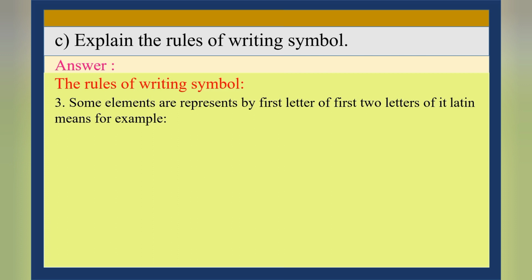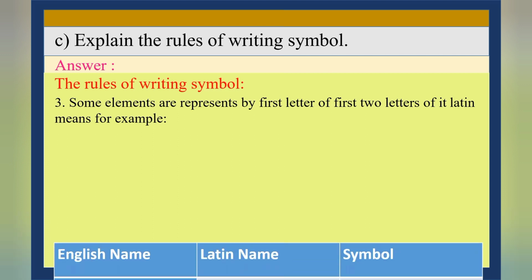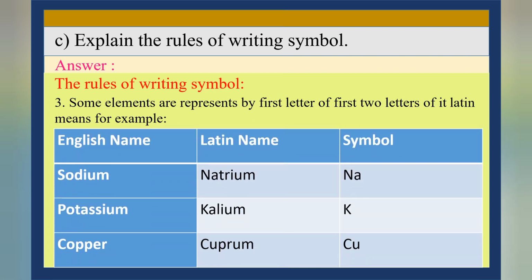For example, the English name sodium is replaced by the Latin name natrium, and the symbol will be Na. Okay, so the English name is sodium, for that element the Latin name is natrium, where the symbol is only Na.